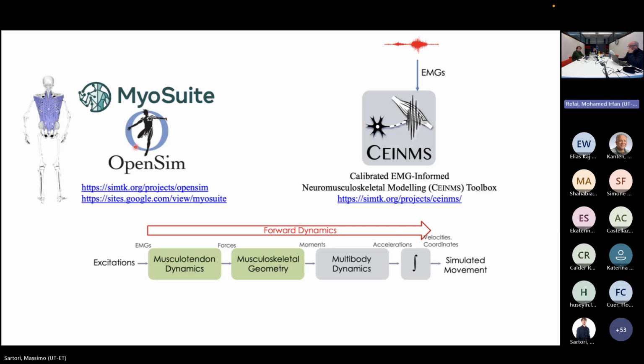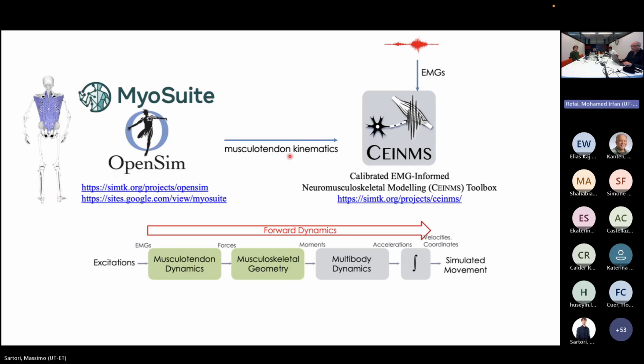So we use MyoSuite or OpenSim to estimate moment arms and muscle tendon length. We call this muscle tendon kinematics. So these are the two major inputs of CEINMS, essentially EMGs and then muscle tendon kinematics information. So basically muscle tendon lengths and moment arms.